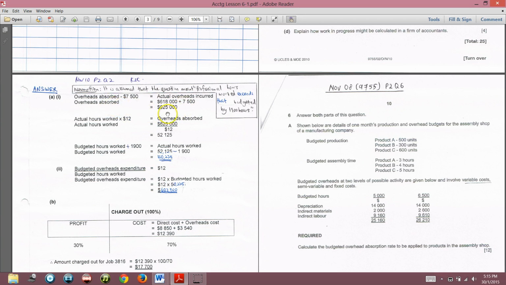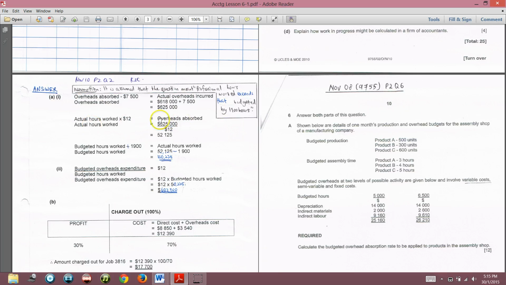So the overhead absorbed we derive is 625,000. In the previous video, I explained that overhead absorbed equals your overhead absorption rate times the actual hours. In the previous video, I said actual machine hours, but in this case they are using actual professional hours. In any case, we just call it actual hours.